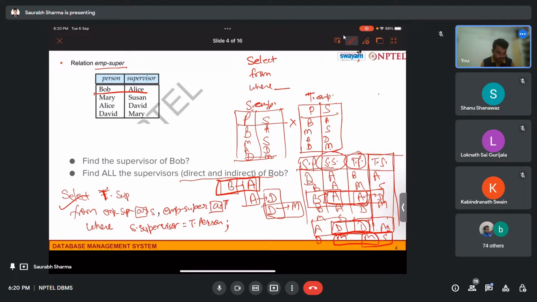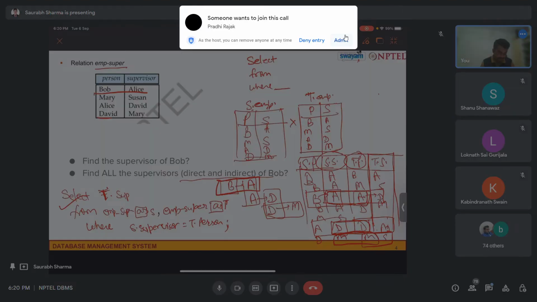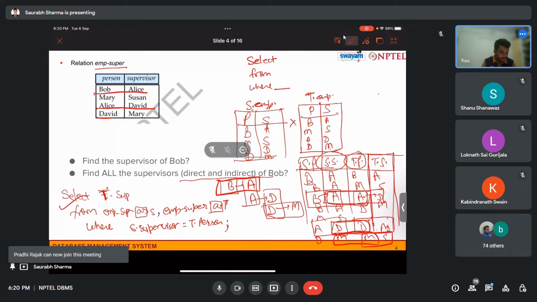So we will go to the database. We want Alice as a person and the supervisor of Alice. For that, we first go from the person to his supervisor. Bob is the person, we go to its supervisor Alice. Now we are at the supervisor, and we want the supervisor of this supervisor. So first we want the supervisor as a person.